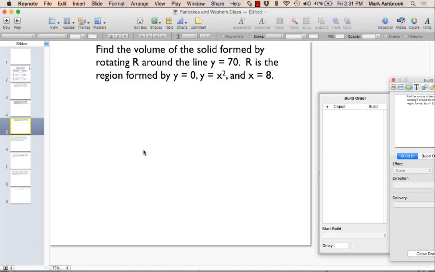Same region revolved around y equals 70.